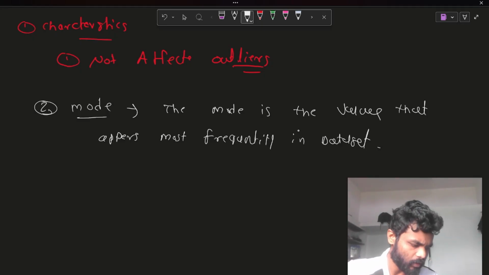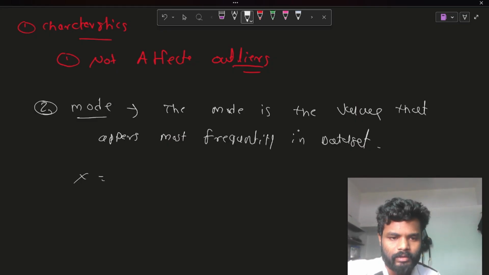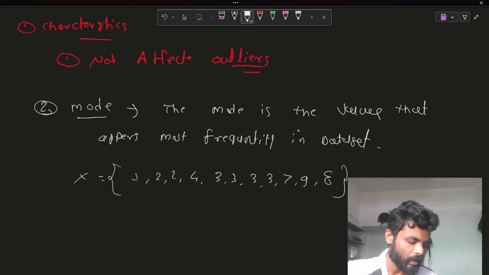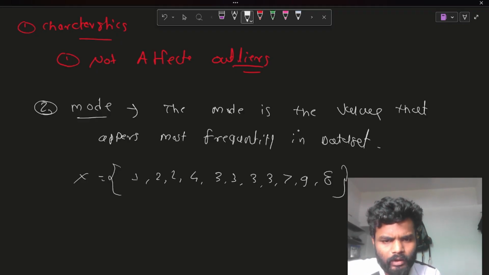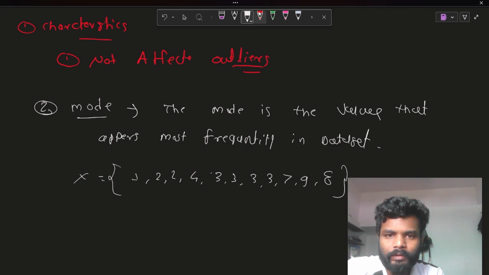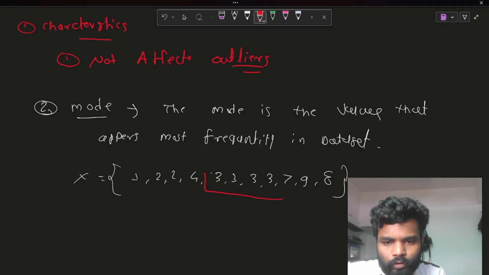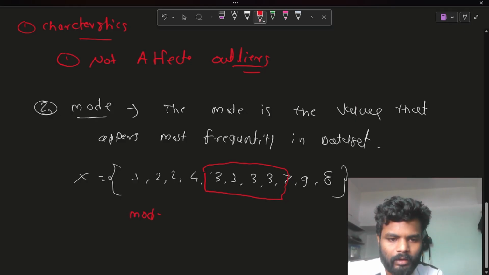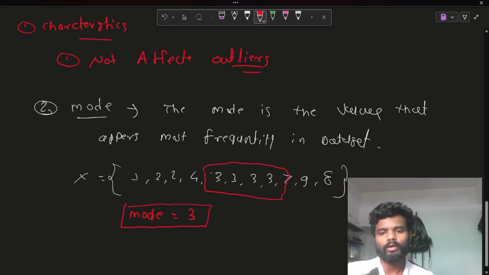What does it mean? Let's say we have data set X: 1, 2, 2, 4, 3, 3, 3, 3, 7, 9, 8. We calculate the mode as the most frequent value. You can see that the most frequent value is 3. So the mode of that data set is 3.